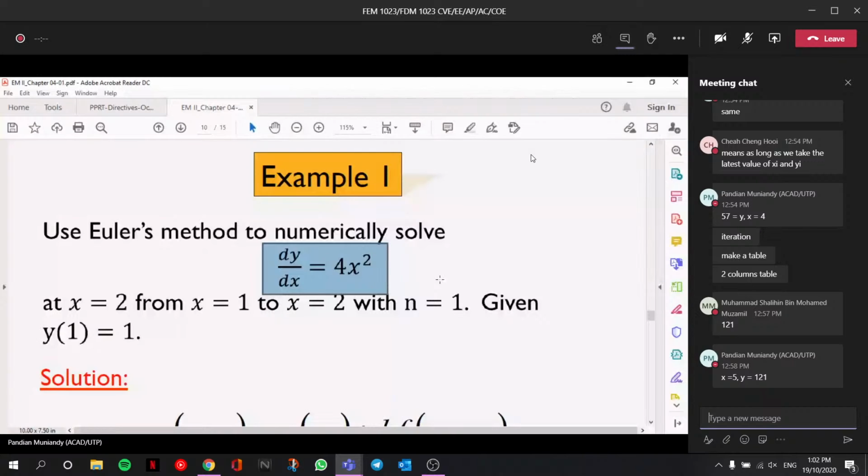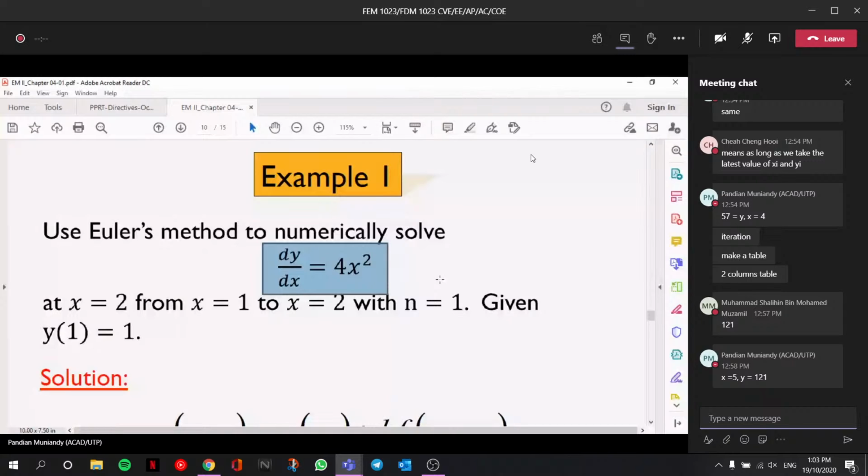If you substitute x equals 1, your y is 1. If you substitute x equals 2, 2 to the power 3 is 8, 8 multiplied by 4 is 32, over 3 minus 1 over 3, so 31 over 3.